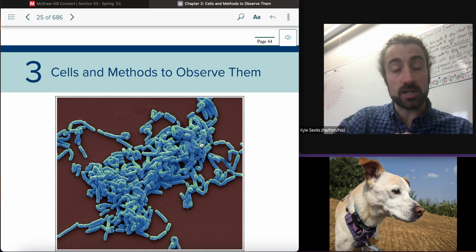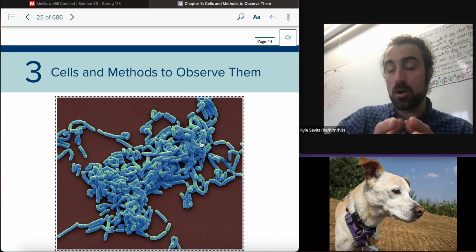The different sections of this textbook are really going to try to point out how things are different, new, and important for prokaryotic life forms or for our single-celled microscopic eukaryotic life forms. So a big thing to look out for is how this is different from what you saw in general biology.